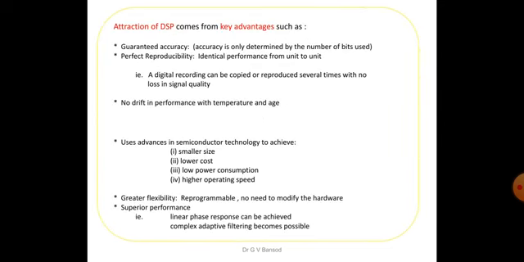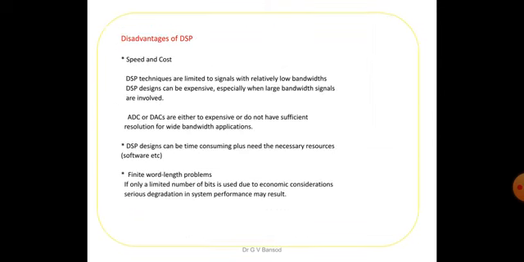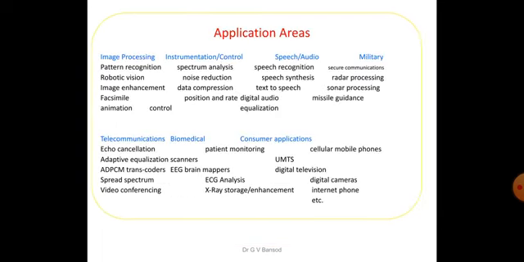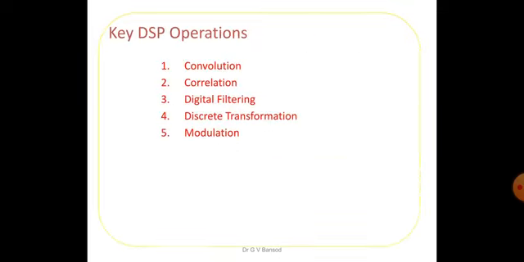There are various advantages associated with the DSP. There are disadvantages in terms of cost, and in terms of speed when we have a large signal to execute. There are any number of application areas DSP is currently dealing with, starting with image processing, to military applications, telecommunication, and biomedical. We have any number of things where DSPs are used.